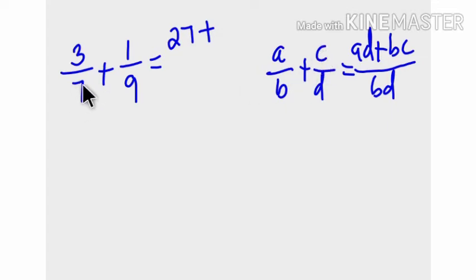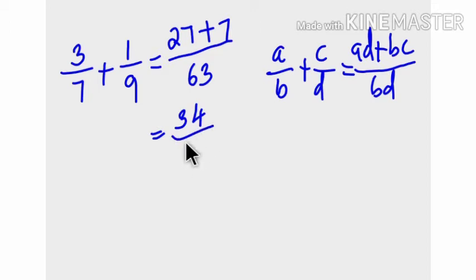Denominator of first is 7, numerator of second is 1. 7 into 1 is 7, divided by b into d, which means denominator of first into denominator of second. Denominator of first is 7, denominator of second is 9. 7 into 9 is 63. Now 27 plus 7 is 34, divided by 63.